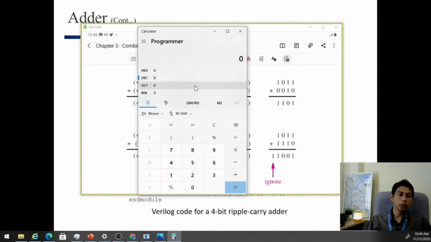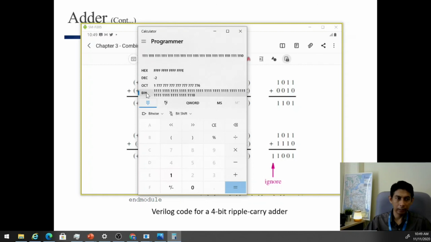So let's say you have negative 2. Try to change this negative 2 to binary. Okay, so actually you have it here already. This is in binary. Can you see this? I cannot zoom.